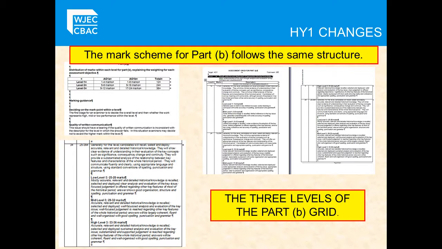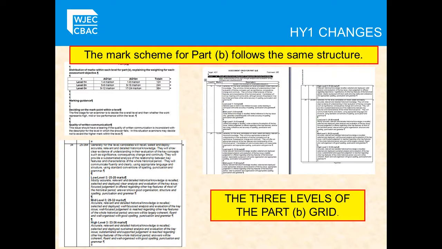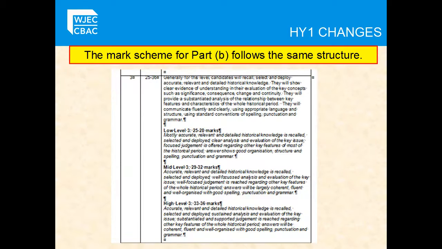As previously, Level 2 is awarded to candidates who compare various factors in an attempt to offer an evaluation and a judgment on the question set. At Level 3, the mark scheme makes it clear that the candidates need to analyse and evaluate the relationship between the key factors and to cover most, or for the very highest marks, all of the set period.